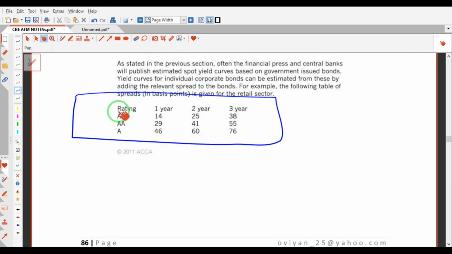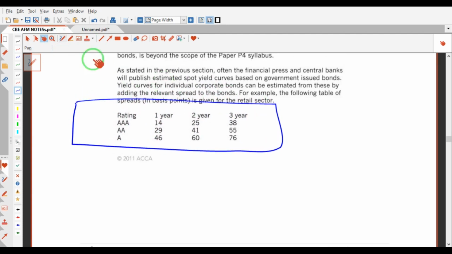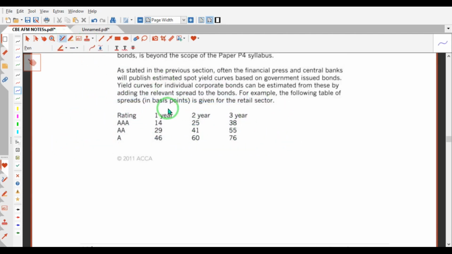Don't worry about the type of ratings. So this is the spread, and this spread is usually given in basis points.